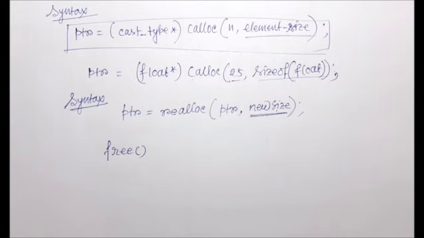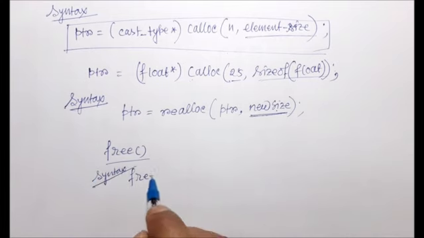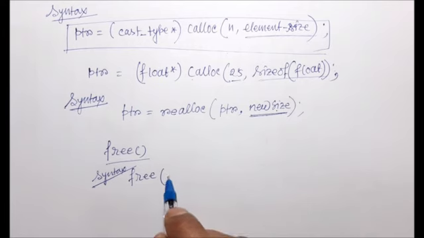It means that if I use, for example, free, the syntax is we have to use free, then the name of the pointer. For example, the name of the pointer is ptr.